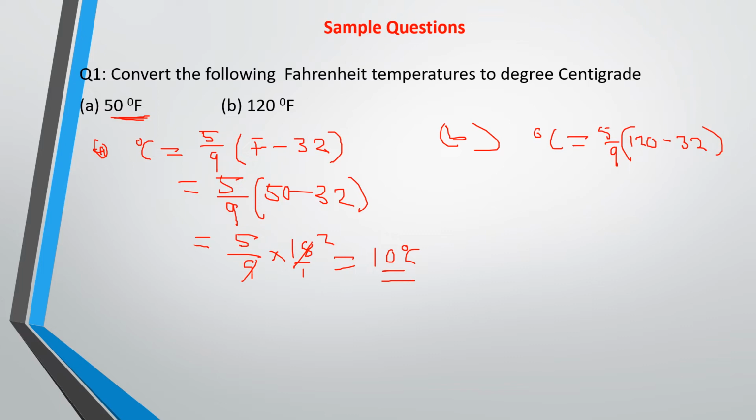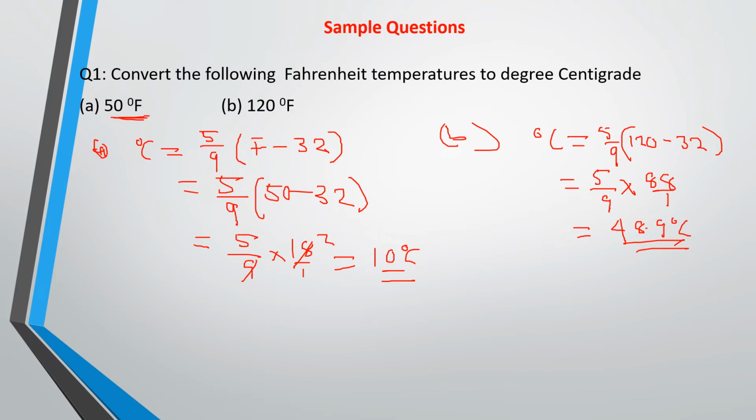If you work that out, 120 minus 32 is 88. 5 all over 9 multiplied by 88 over 1. If you work that out in your calculator, you are going to have 48.9 degrees centigrade. So basically, this is how to convert from degree Fahrenheit to degree centigrade.